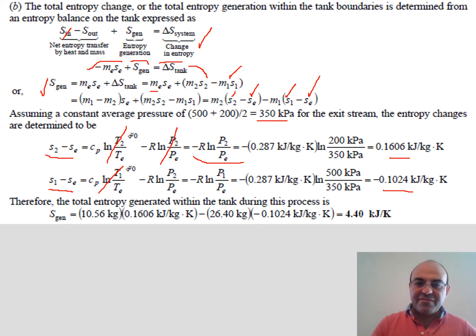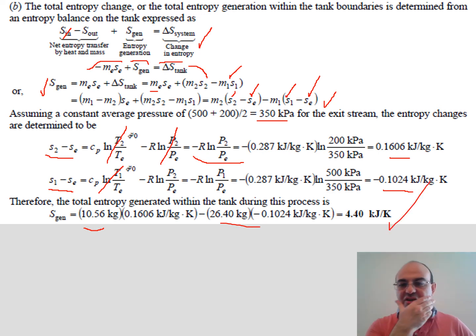So if we now go back to this equation and multiply them by their corresponding mass, M2 times S2 minus Se and M1 times S1 minus Se, then we find entropy generation in kilojoules per Kelvin, and again it's positive. So the entropy generation is always positive. If you find entropy generation negative in a question, you have made a mistake somewhere.